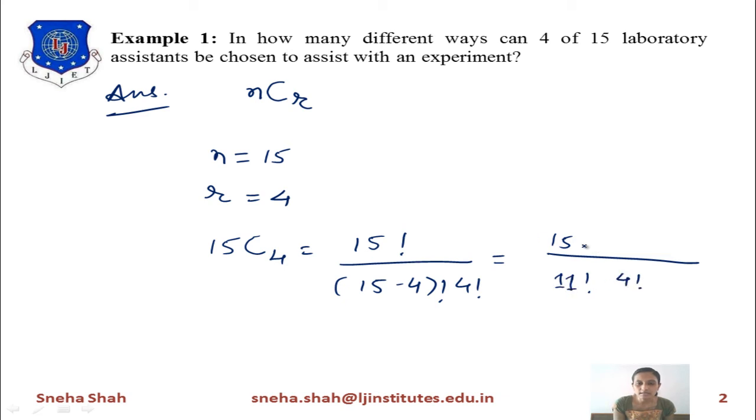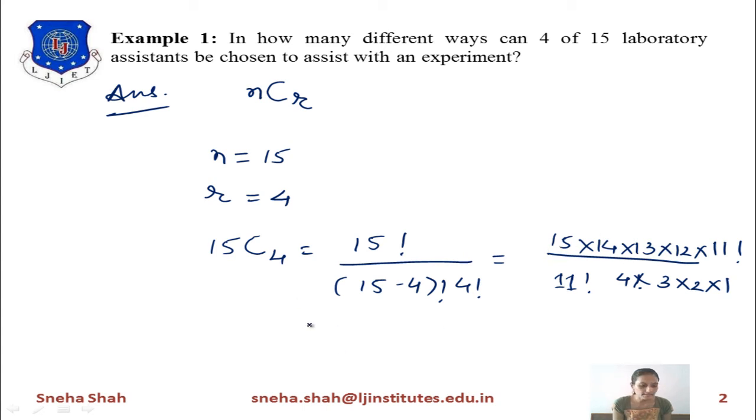Now this can be converted in terms of 15 into 14 into 13 into 12 into 11 factorial. The 11 factorial will be cancelled out, and 4 factorial converts to 4 into 3 into 2 into 1. Simplifying, 4 into 3 is 12, the 12 and 2 cancel out, so 7 into 15 into 13.